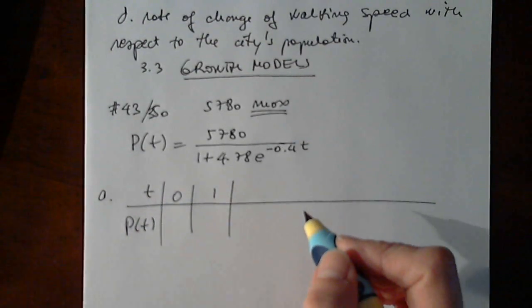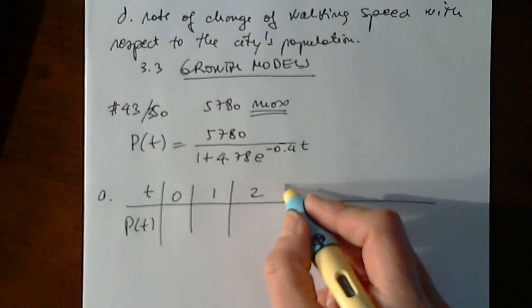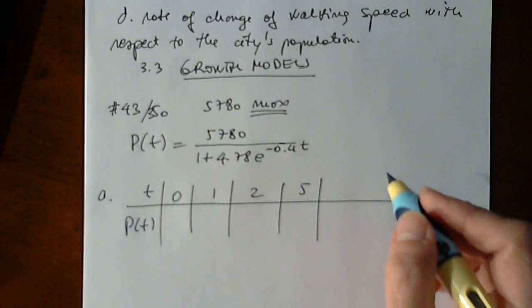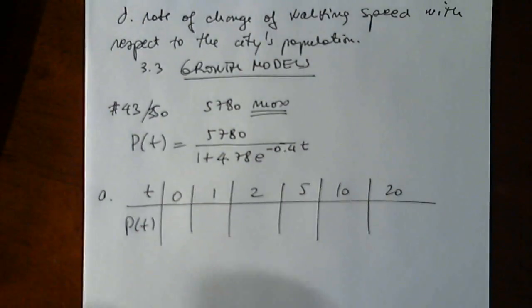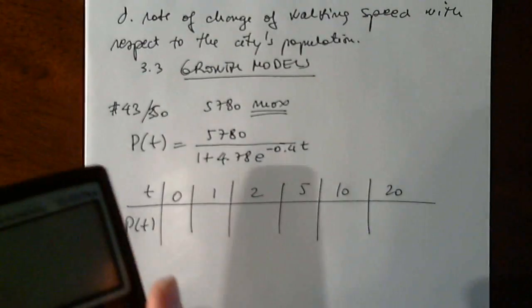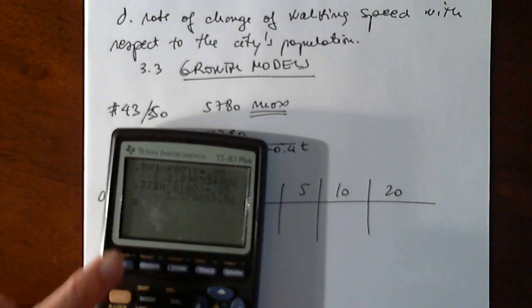Zero, 1, 2, 5, 10, 20. Got the graphing calculator in y equals.